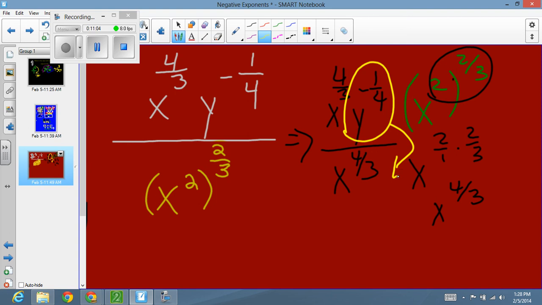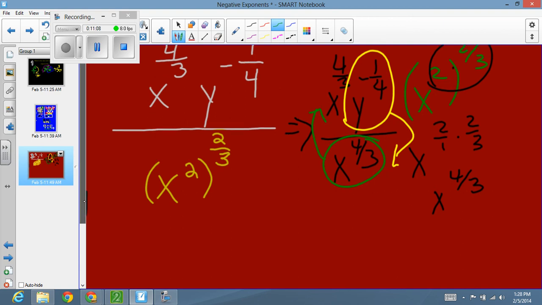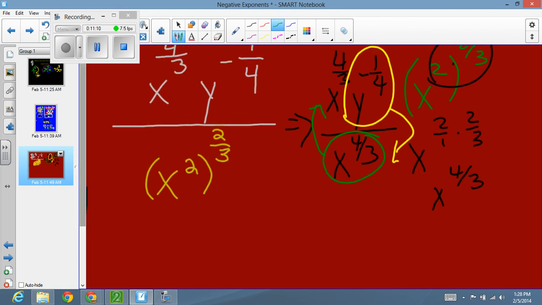For the sake of combining, I suppose I ought to take this and move it up, and then I can actually multiply those x's together. So what I have now is y to the positive 1/4 because that moved down, and in the numerator I have x to the 4/3 that was already up there, times x to the negative 4/3.